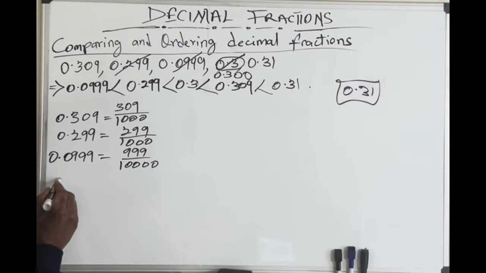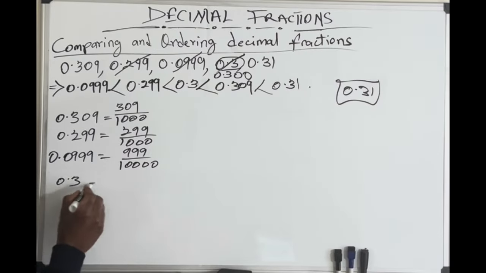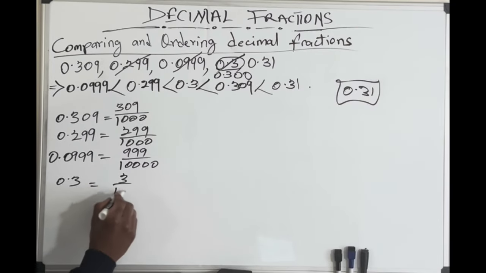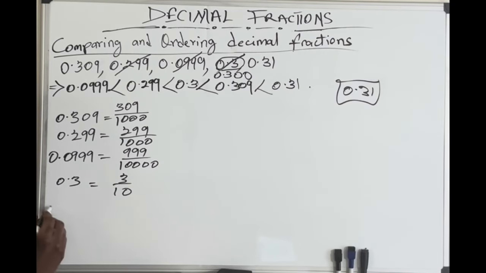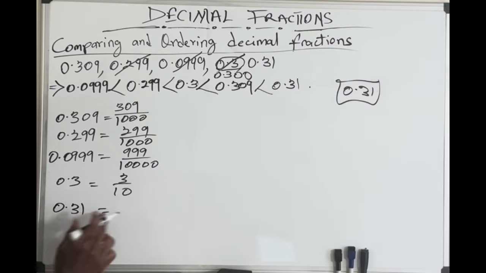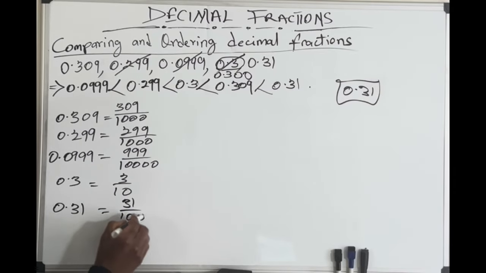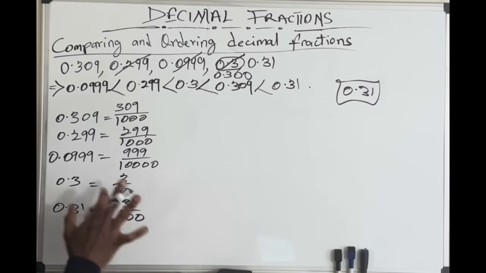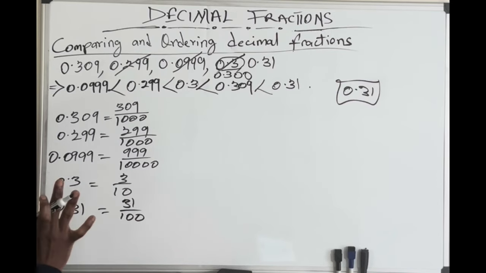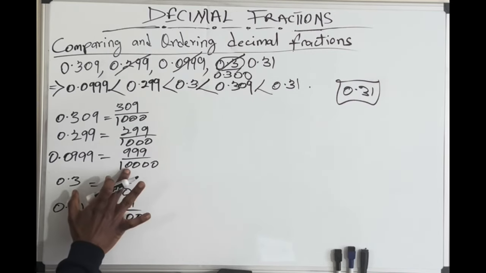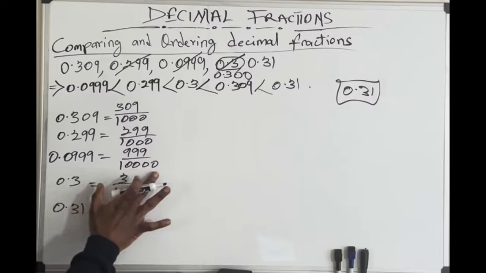And then the next one, 0.3 can also be written as 3 over 10. And then the last one, 0.31 can also be written as 31 over how many zeros? 1, 2. So 1, 2. Okay. Now to make things very easy for us, we look at the highest denominator, which is 10,000, because it has 4 zeros.